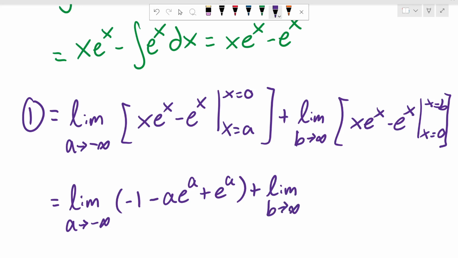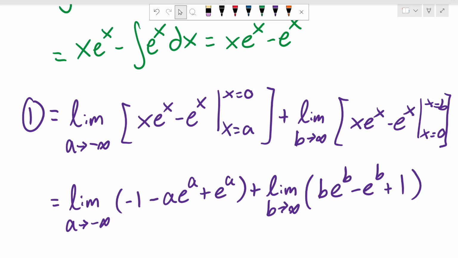I think we're going to need L'Hopital's rule. Or maybe not. So then we'll do b e to the b minus e to the b, and then minus 0 minus 1, so plus 1. Okay, so now we'll deal with the limit.